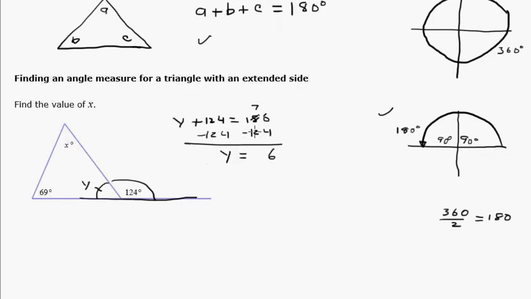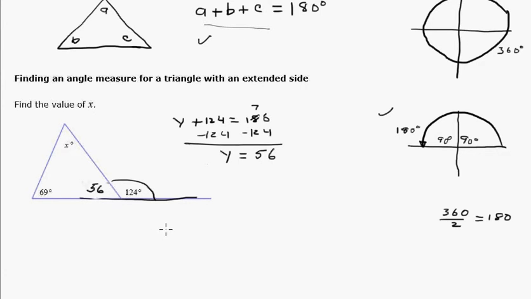So 7 take away 2 is 5. So 56. And 1 minus 1 is 0. So now we know that, let me get my eraser over here and erase this. Now we know that this angle right here is 56.